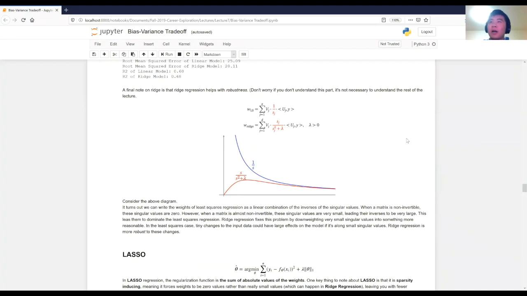So the final note on ridge regression is the topic of robustness. If you don't completely understand this, it's okay. I don't really talk about it more for the rest of this lecture, but I think it's super cool.